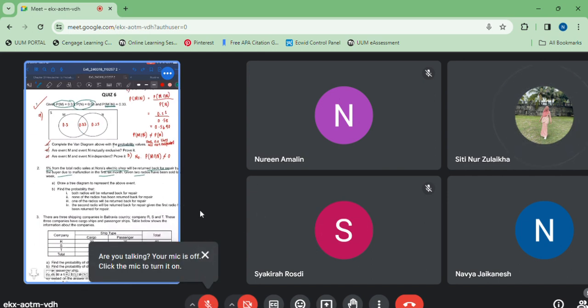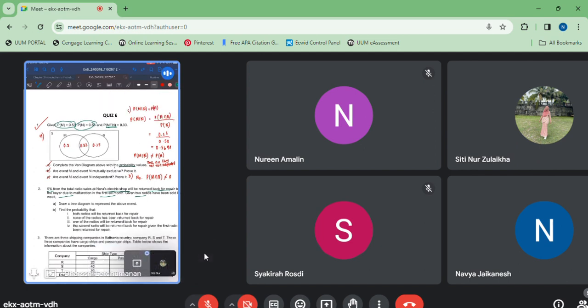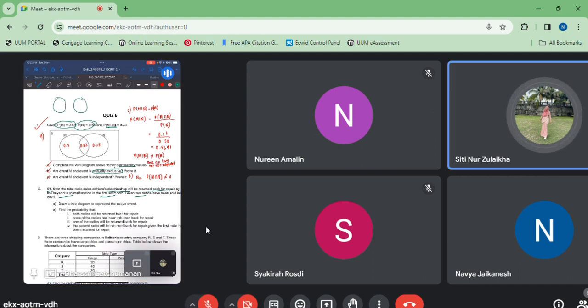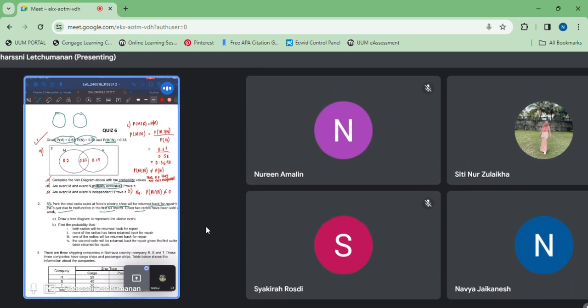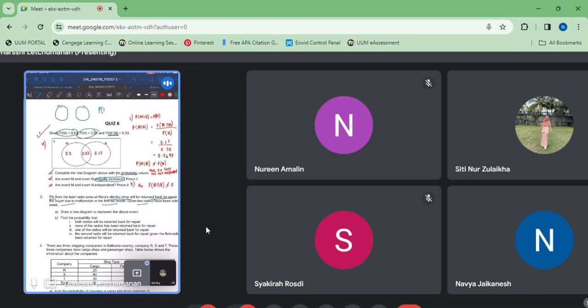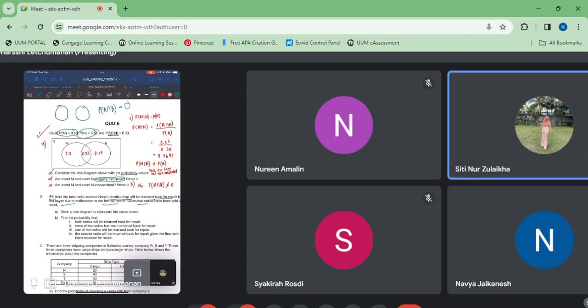Clear. Okay. This one is event M and then mutually exclusive. So mutually exclusive, what I said just now, is like this. And the probability of it occurring, of intersecting, is 0. So it's the same for this question.